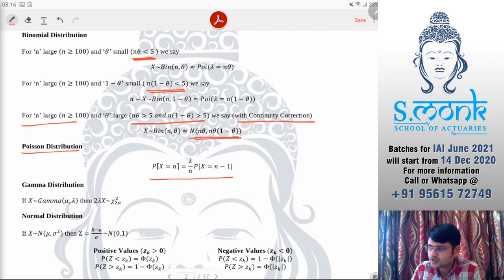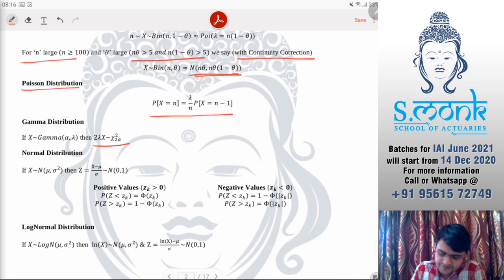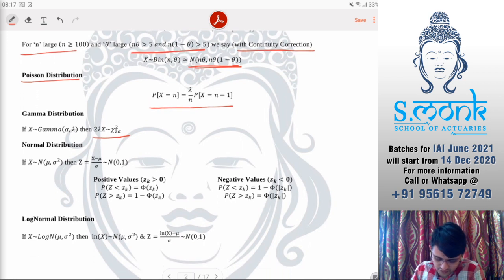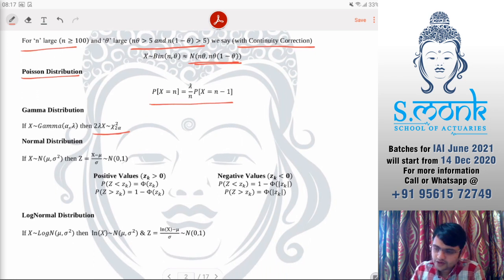For gamma distribution, we convert it into chi-square distribution to find probabilities, because we have tables of chi-square distribution; we cannot create tables of gamma distribution. So if x follows a gamma distribution, then 2 lambda x will follow chi-square distribution with 2 alpha degrees of freedom.